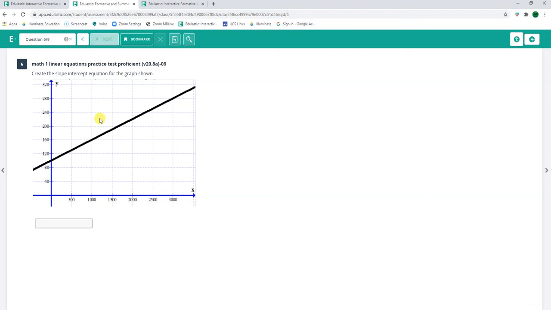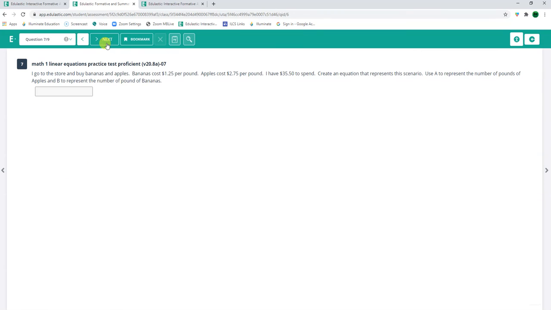This one, create the equation, and I said it was y equals 0.06x plus 100 for the y-intercept. Number 7, 2.75 times the number of pounds of apples plus 1.25 times the pounds of bananas equals 35.50.